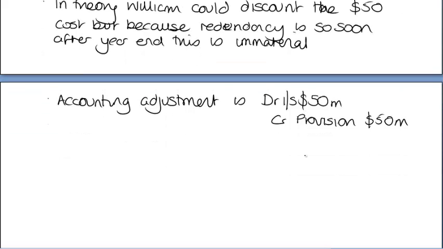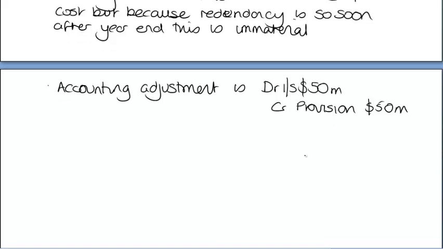And if you want to do another mark, you could equally say that if this is material, there's a case for disclosing it separately on the face of the income statement. I don't think we're told how much Williams' profits are, so therefore working out materiality is more complicated. But you could certainly add another mark, another comment in respect to materiality. So that's dealing with the provision itself.